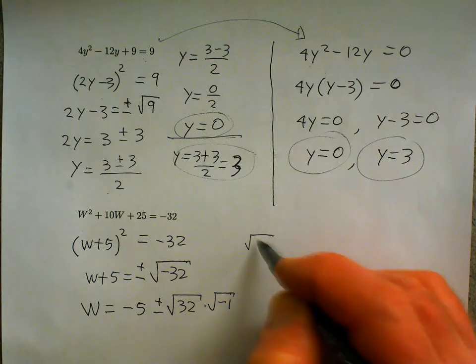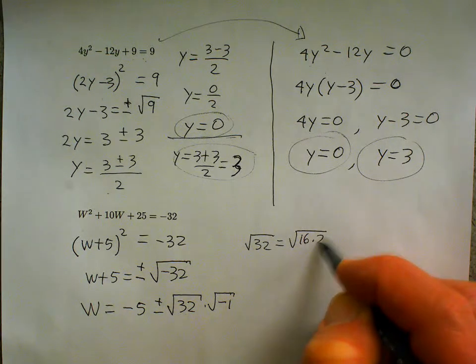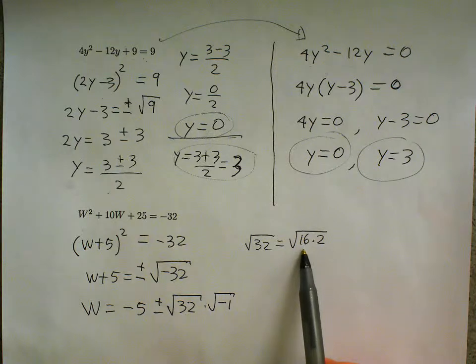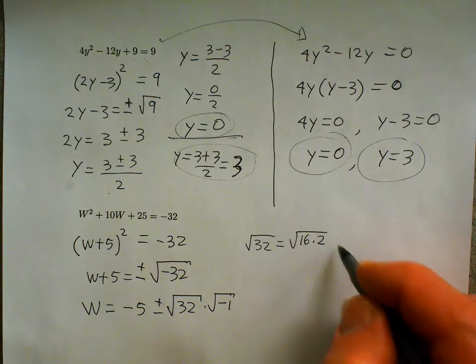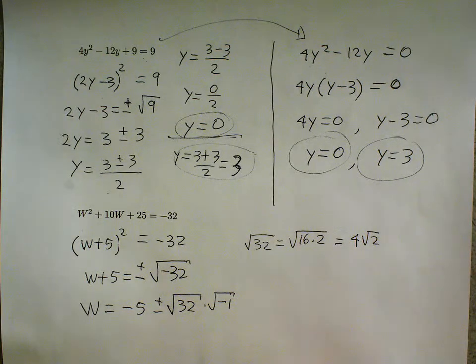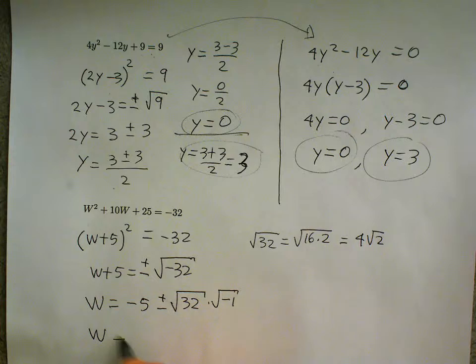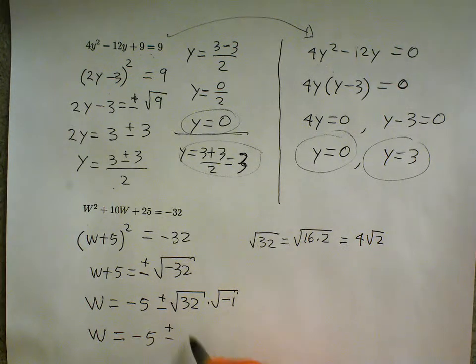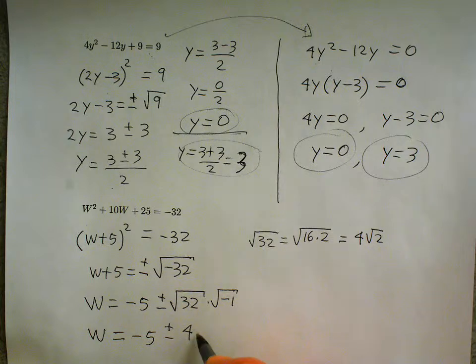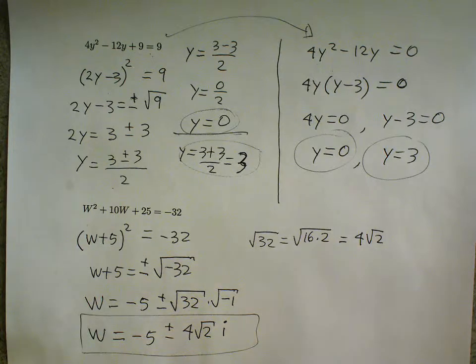So the square root of 32 is the square root of 16 times 2. 16 is the largest perfect square factor of 32, and then this becomes 4 times the square root of 2. So the two solutions then are w equals negative 5 plus and minus 4 times the square root of 2 times i. Those are the two solutions.